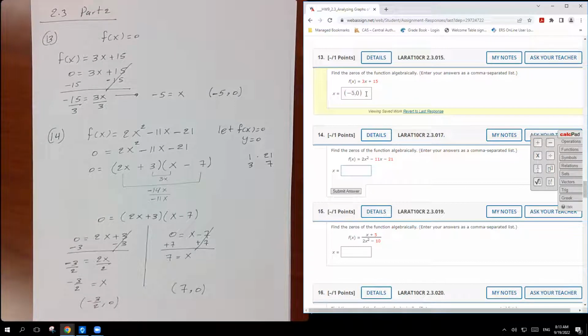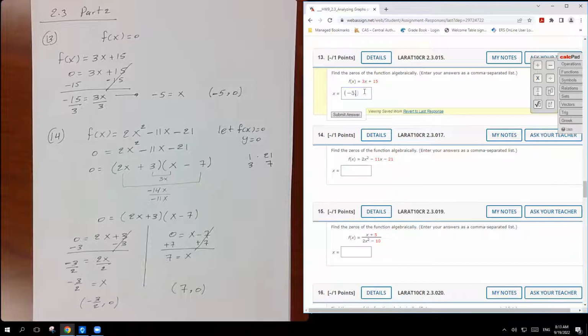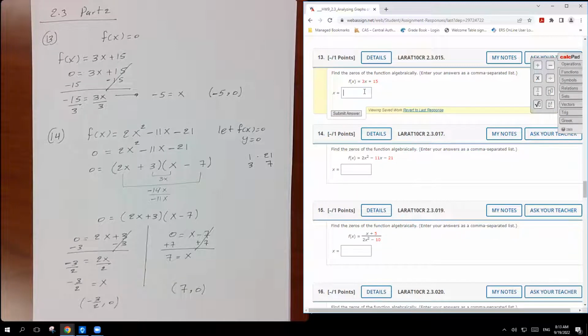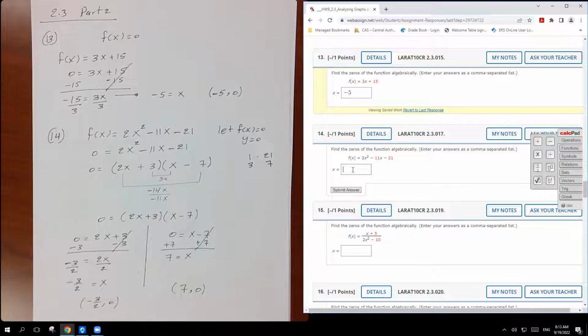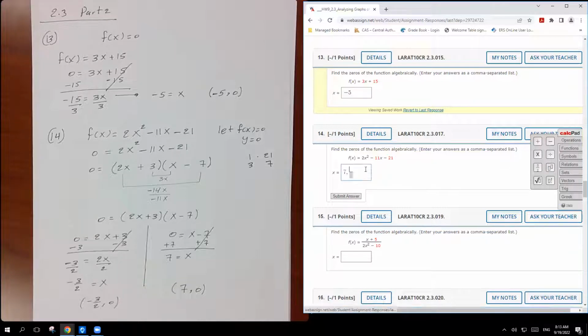We can type it as a point, but here, the same thing, they ask for x equal. Here we got two solutions. So I'm going to say 7, comma, and the fraction negative 3 divided by 2. Let's check this one, and we're going to go to the next example.